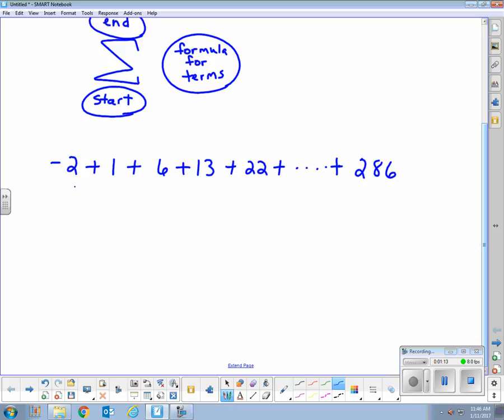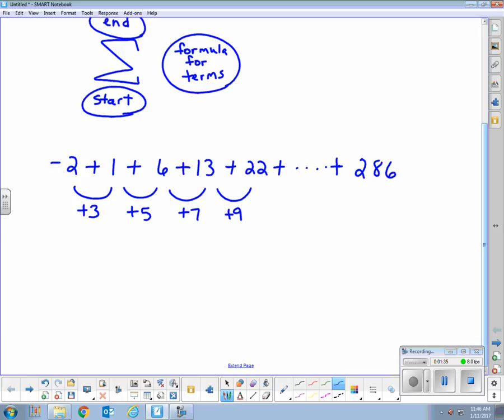So I notice that here I can add 3. And here I can add 5. And here I'm adding 7. And here I'm adding 9.